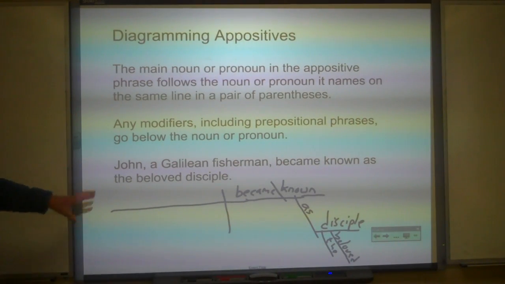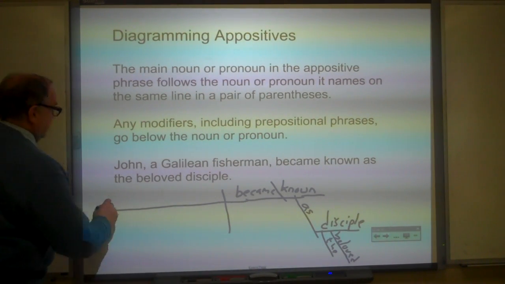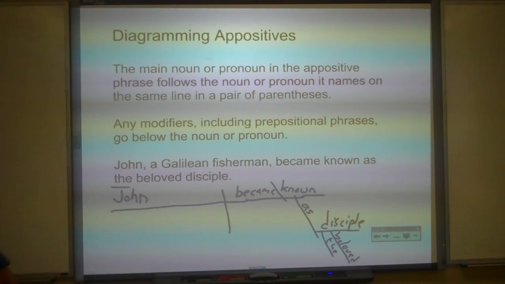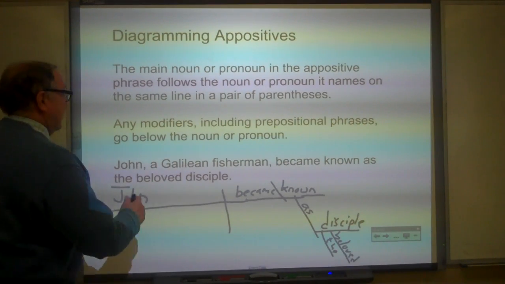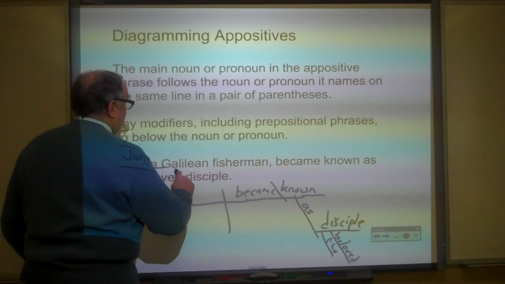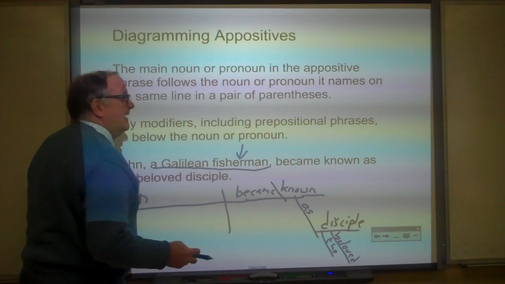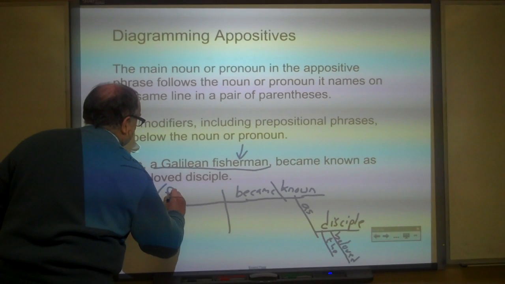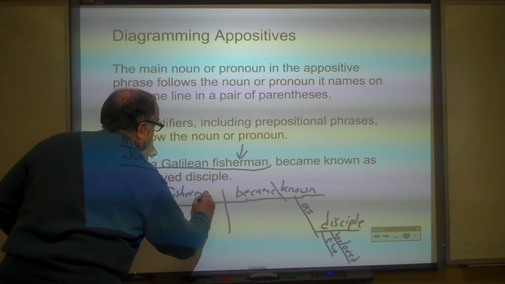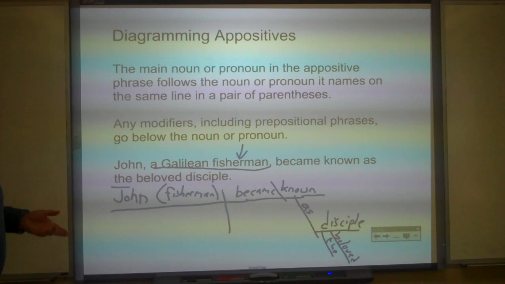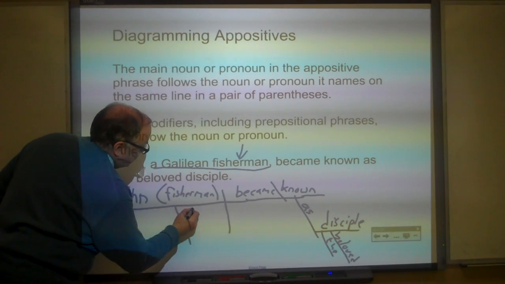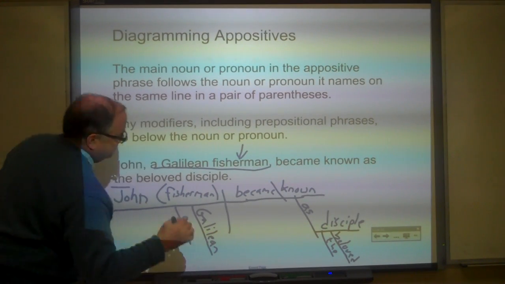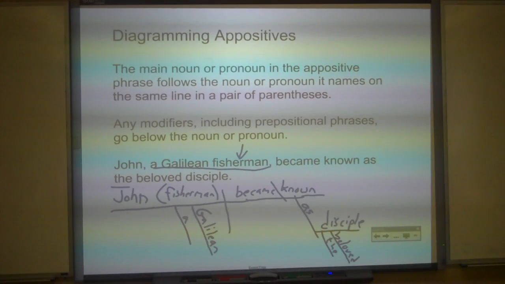Okay, and then for the appositive, John is the subject, Galilean fisherman is the appositive, and of course, fisherman is the noun part of the noun phrase, so we put fisherman in the parentheses, and then a and Galilean on diagonals modifying fisherman.